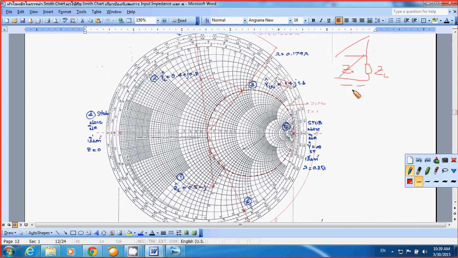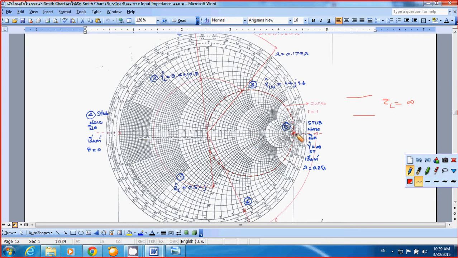But for your open circuit stub, what is the difference? You have to start from your ZL to be what? Open circuit, infinity, right? Where's your infinity? So at this point.